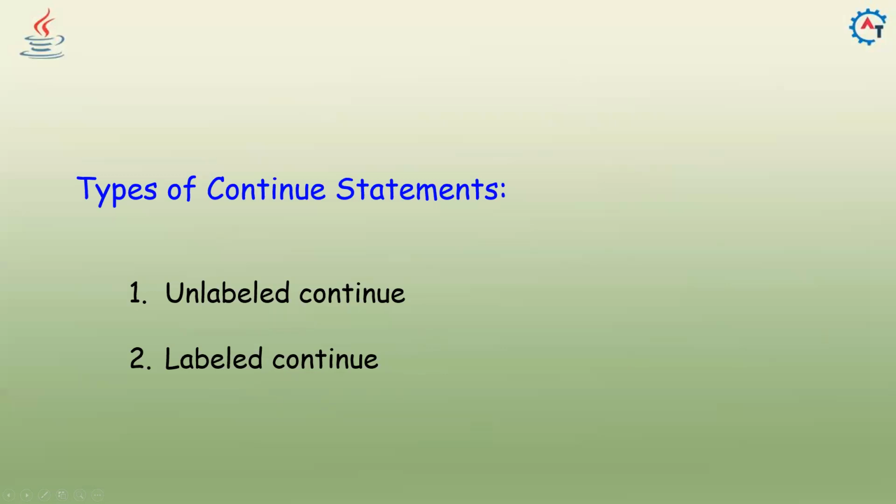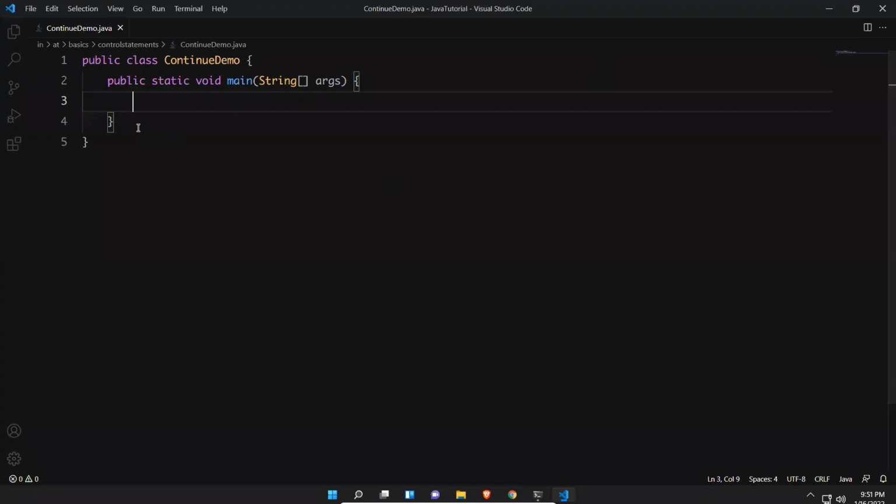Okay, let's go to Visual Studio Code. I have created a class called ContinueDemo. Inside this I will write a for loop: for int i equals 0 or 1, whatever it is, i less than or equal to 10, i plus plus.